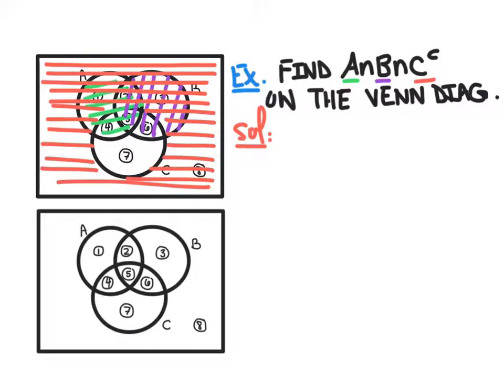So here we have three colors on the graph. And now we look back at what the intersection means. And you can kind of think about it in your head. If you're trying to find an intersection, we're looking for where the colors green, purple, and red all intersect. And we interpret the intersection as "and". We have to find all elements that are in both A and in B and in C's complement, so that are in green and in purple and in red at the same time.